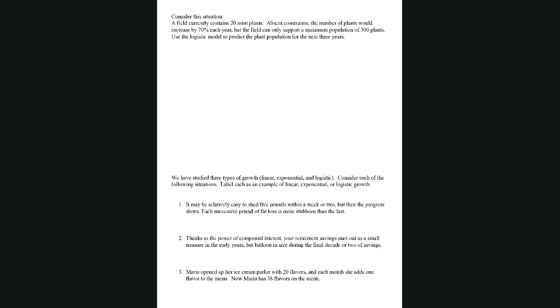So we need to find P sub 1, P sub 2, and P sub 3. We know that P sub 0 is what? 20. There are 20 plants.